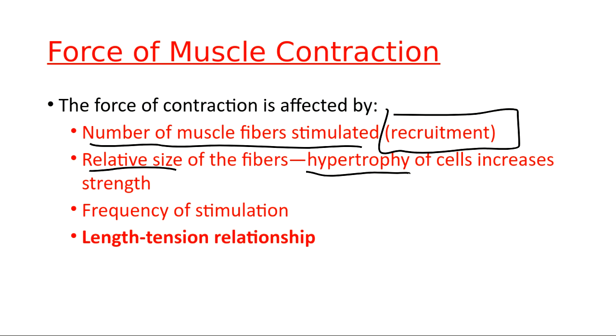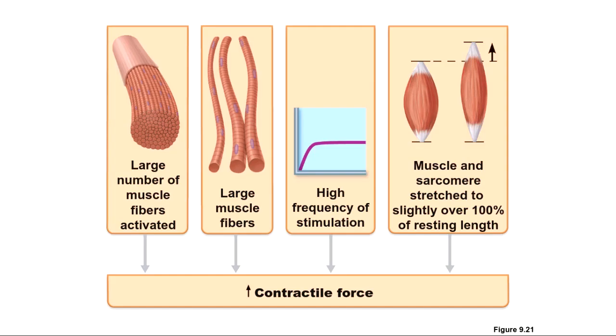The hypertrophy of a muscle is also going to influence the force of the contraction. So what influences the force of the contraction is the number of muscle fibers recruited, the size of the muscle fibers stimulated, the frequency of the stimulation, and the length-tension relationship, which is what we're going to talk about next. Okay, so you should have an idea of the factors that can influence the force of muscle contraction.